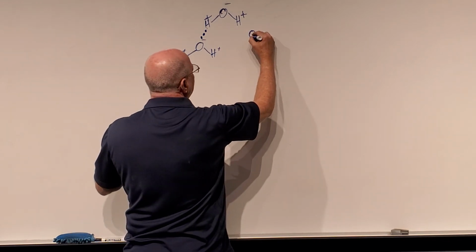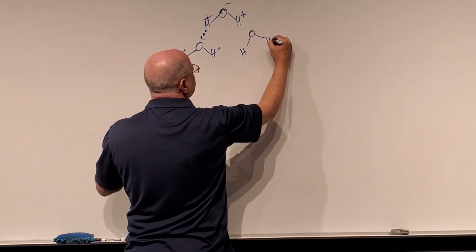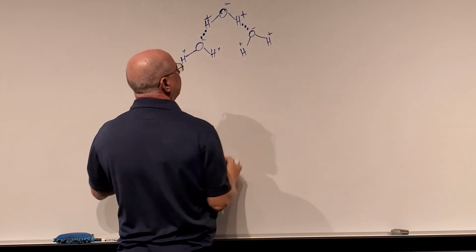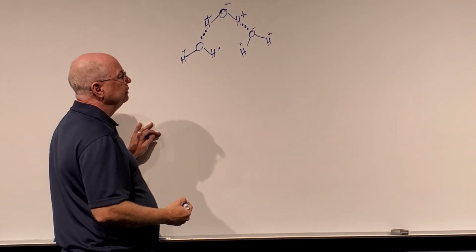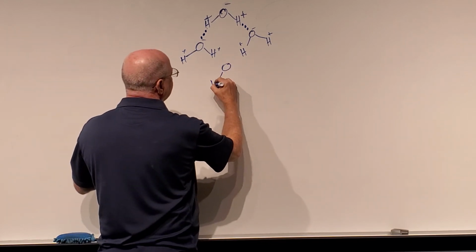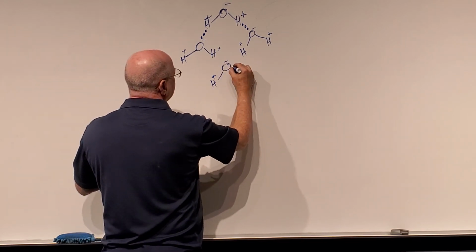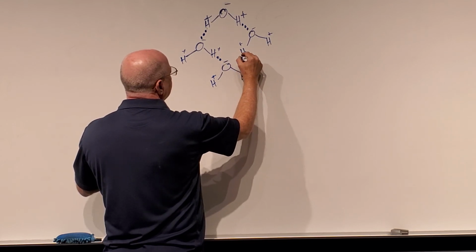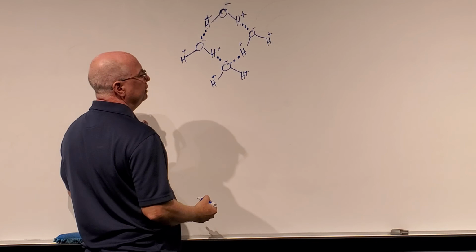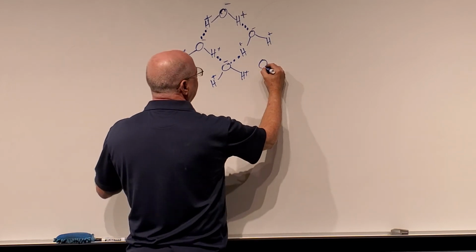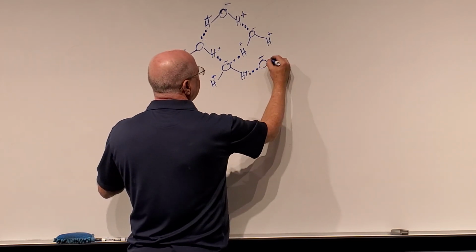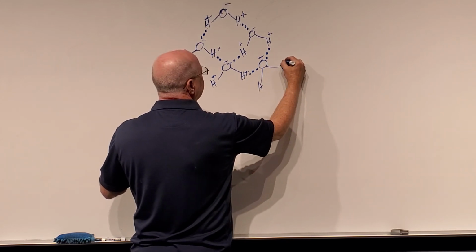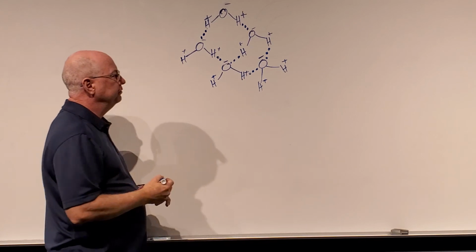I can have another water molecule over here with its slight charges and get another hydrogen bond, and I can have another one like this, and I'll get more of these bonds, and I can start having water molecules with their negative charge forming all of these, what we call hydrogen bonds, because of the polarity of the molecule.